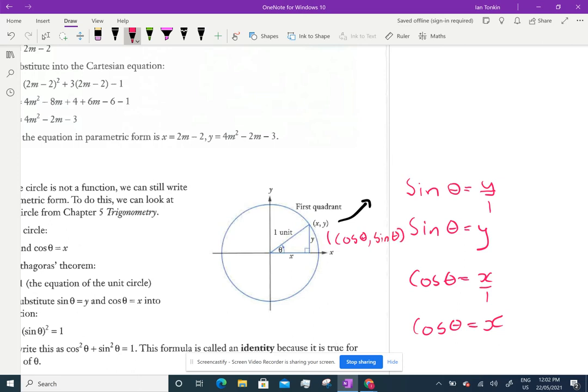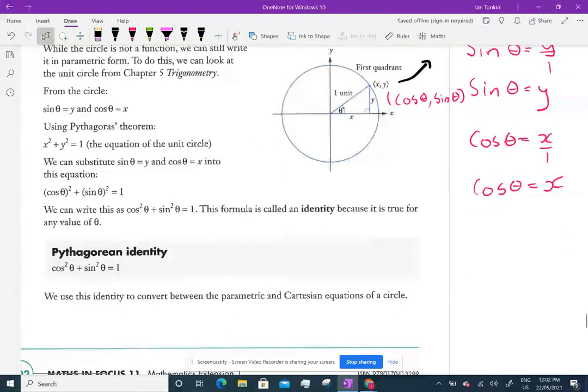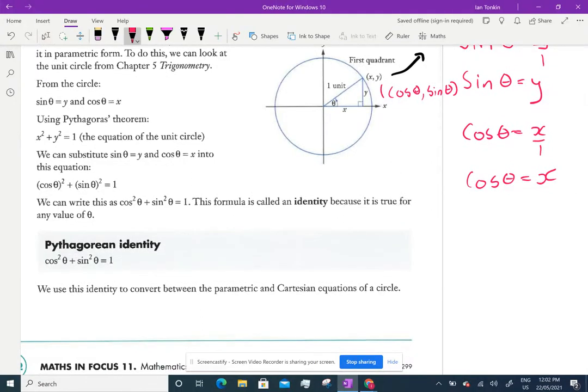And if we get a bigger radius, it'll change, but not slightly. This also gives us, because we know Pythagoras, we know that in that 1 unit circle, x squared plus y squared equals the hypotenuse squared, which is 1, which is where we get the identity, because we know what x is, cos squared x plus sine squared x equals 1.